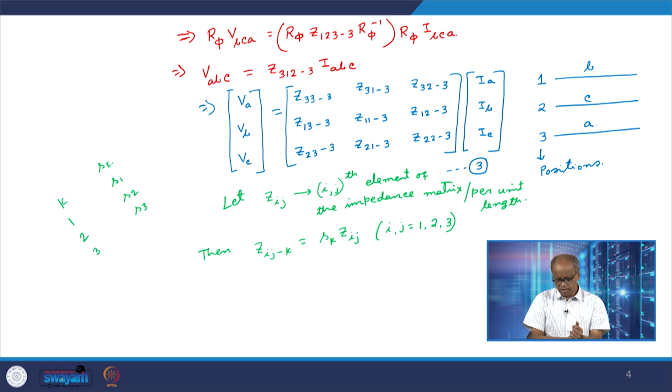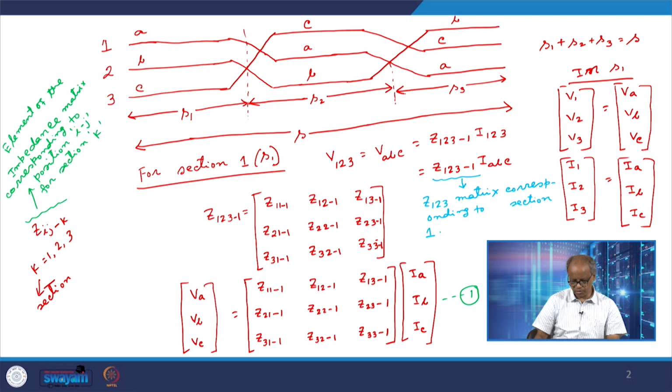For example, I can say that Z111 and Z122 and so on would be nothing but S1 into Z11, S1 into Z12, S1 into Z13, S1 into Z21 and so on and so forth. All of them would be multiplied by S1.